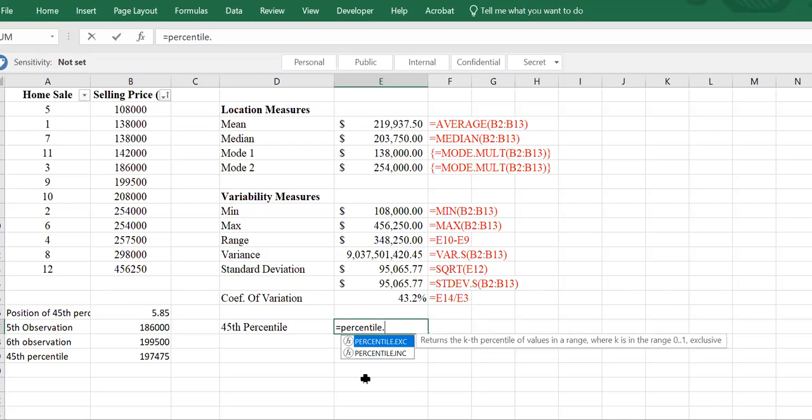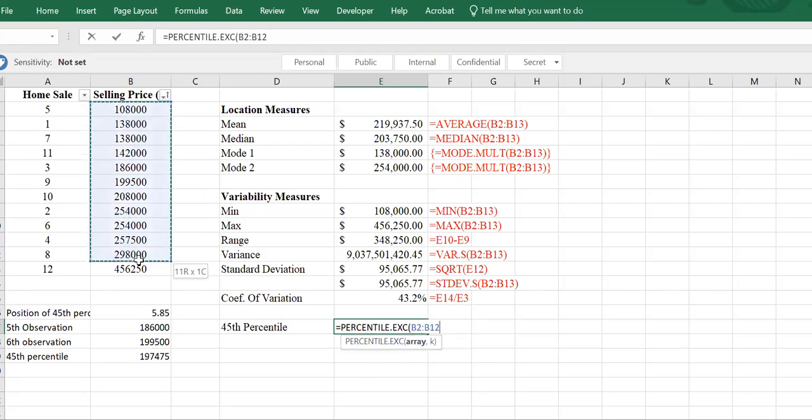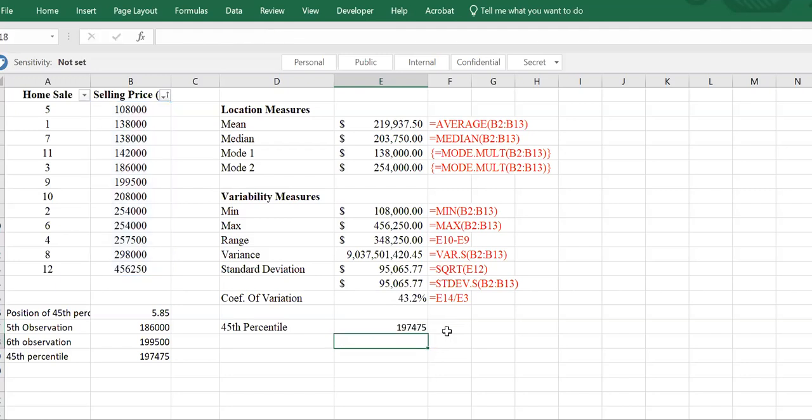But if you want to get the exact same number as the procedure that we just defined, make sure to use the exclusive one. Take the array, and then k should be a number between 0 and 1. K is the p in the notation of the book. We're looking for the 45th, so 0.45. That should give you exactly the same answer.